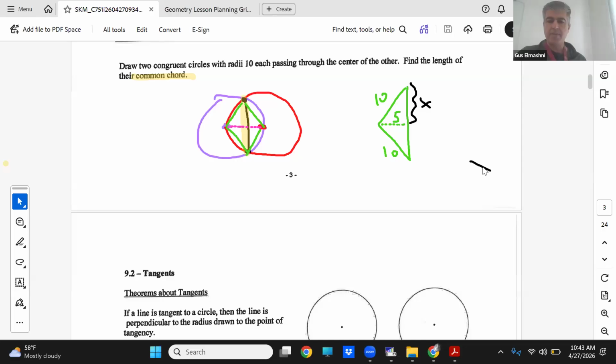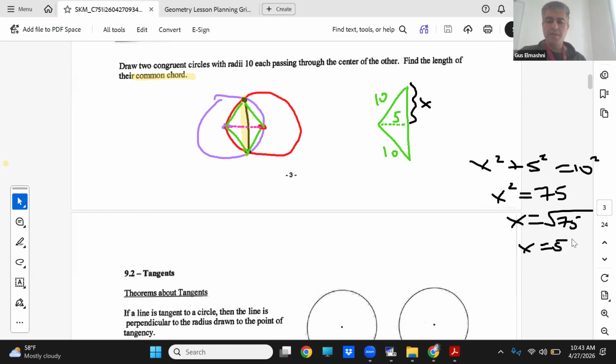We'll call it X. Or maybe you recognize this is a 30-60-90 ratio again, because the leg is half the hypotenuse. Do you see how it's 5 root 3? We've got to double it up.